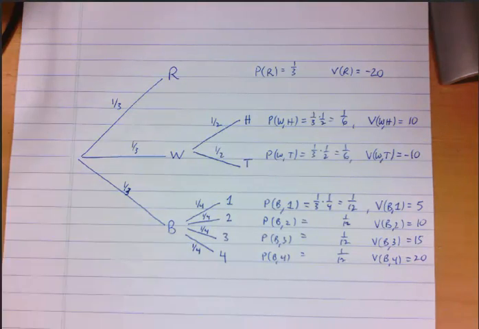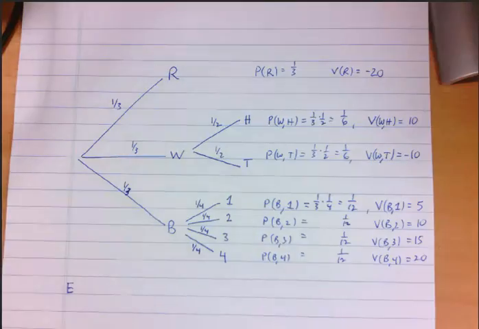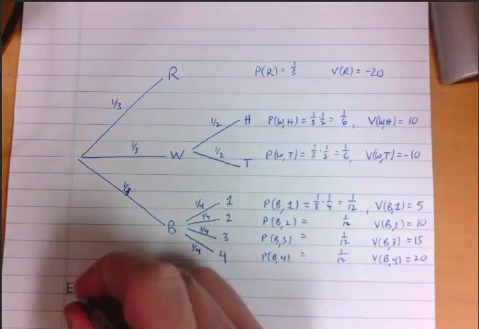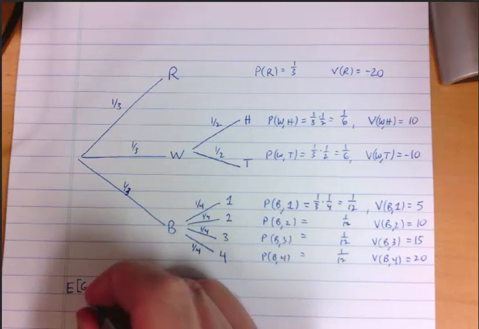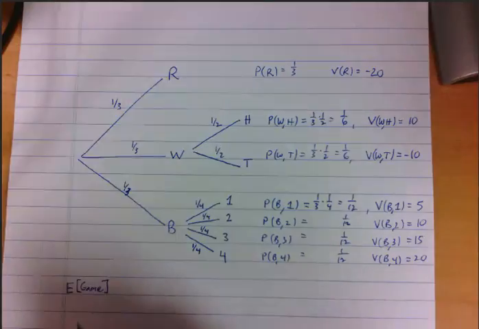Excellent. Now that we have the values and the probabilities for each of the possible outcomes, we can find the expected value for the game. Often we'll assign it a variable, like let x be the value that you get out of this game, but I didn't do that.